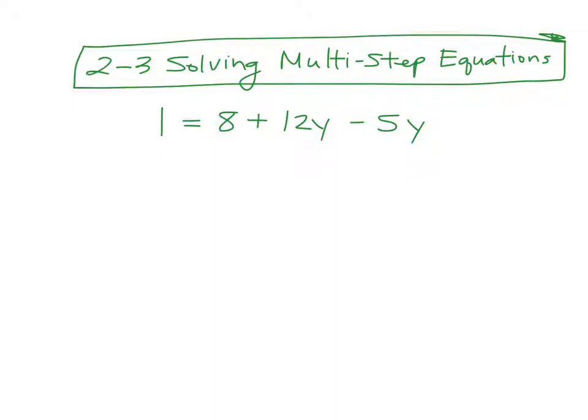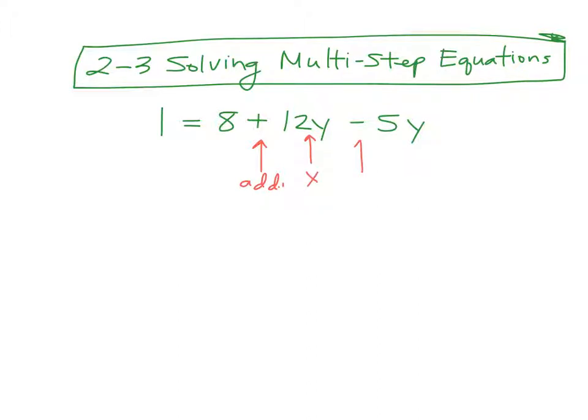So if this is my equation, can anyone tell me how many different operations are currently happening in this equation? 3. 2. We combine like terms. So this here, you have addition. We're just going to say add. What's happening between the 12 and the y?